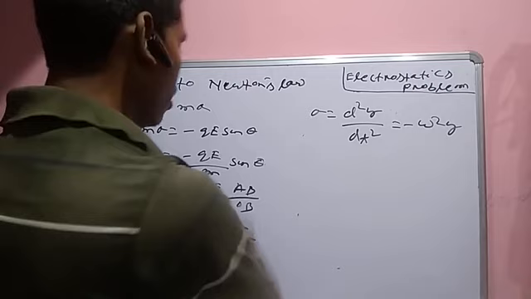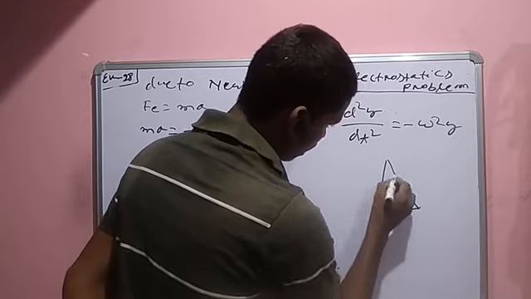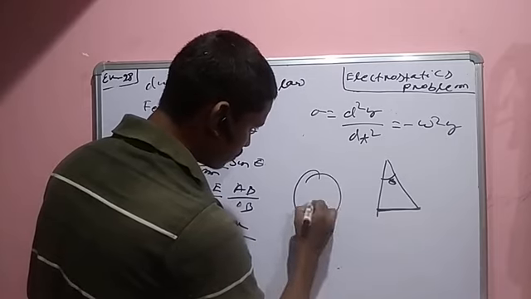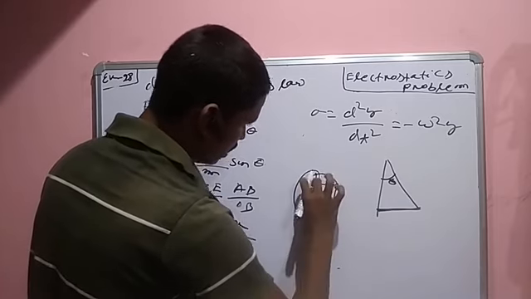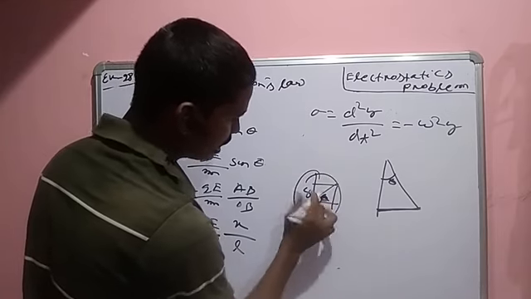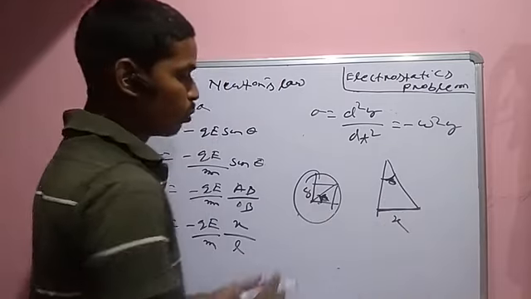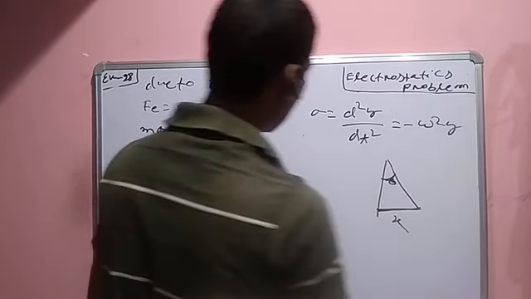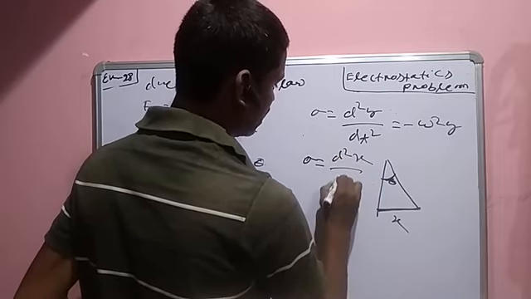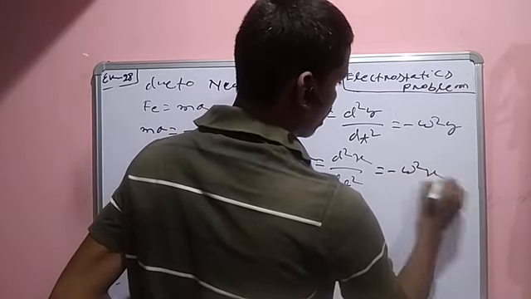Yes, sir? But here in this case angle is theta, but this side here, this is the y, this is the theta. Theta has opposite side x, so we can write A is equal to d square x by dt square is equal to minus omega square x.